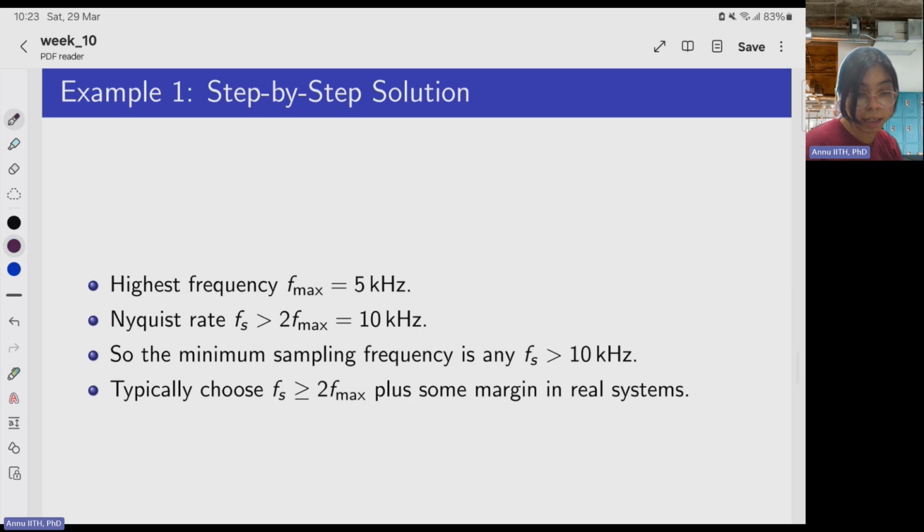The minimum sampling rate is fs greater than 10 kilohertz plus some margin.